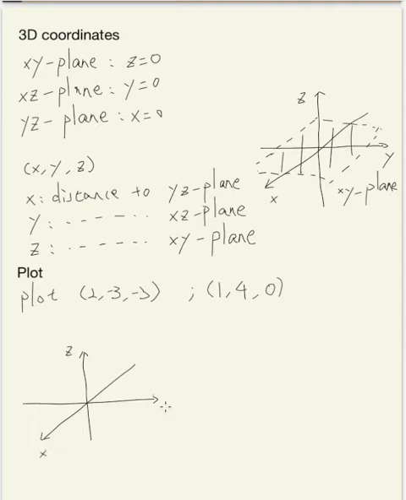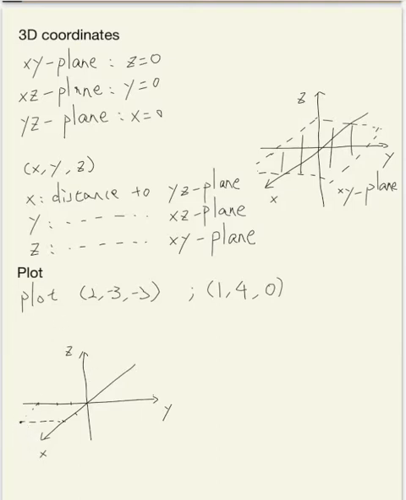Okay, (2, -3, -3), so it means it's 2 in the x direction, and this is the positive y direction, so we want to go to the negative side and draw 3. So that's negative 3, and we draw a parallelogram using these two numbers, and this is (2, -3, 0). To get (2, -3, -3), you just go down by 3.